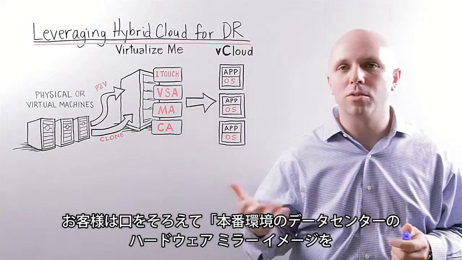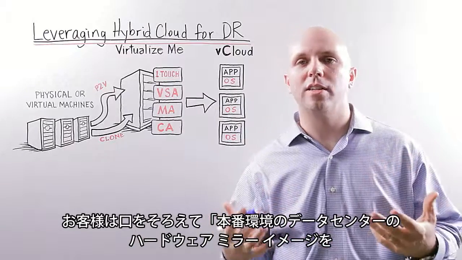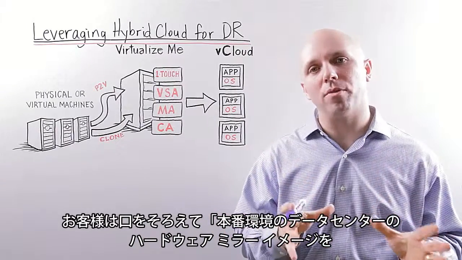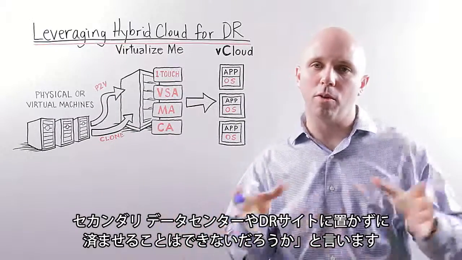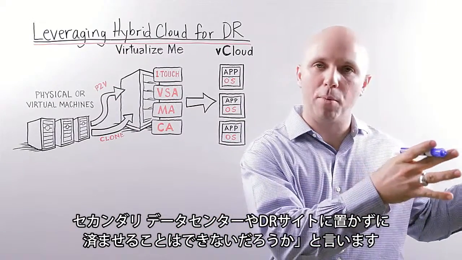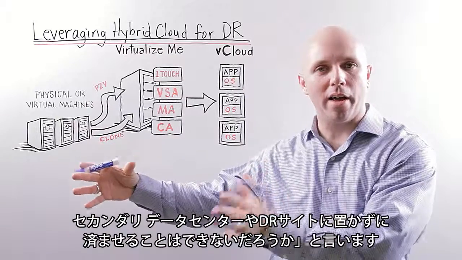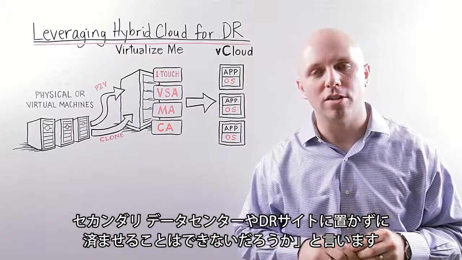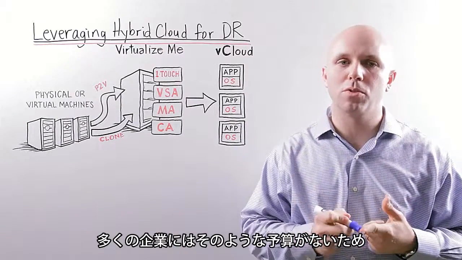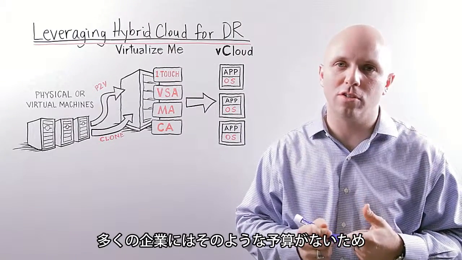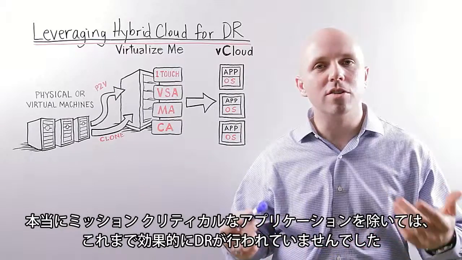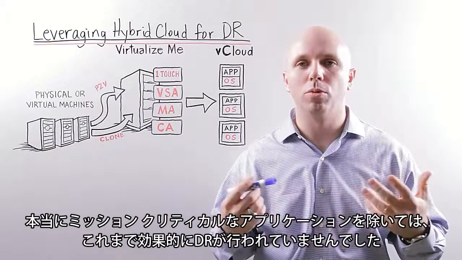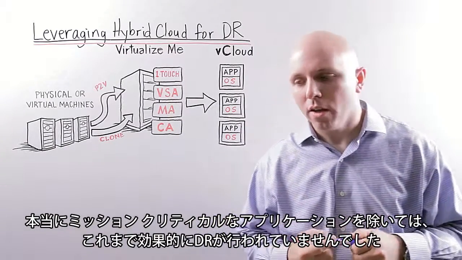And we have folks that are coming to us all the time saying, how can I get away from having to have a mirror image of the hardware from my production data center at my secondary data center or at my DR site? Most organizations don't have the budget to do that, and therefore they haven't been doing DR effectively for some time now, except for really mission critical applications.